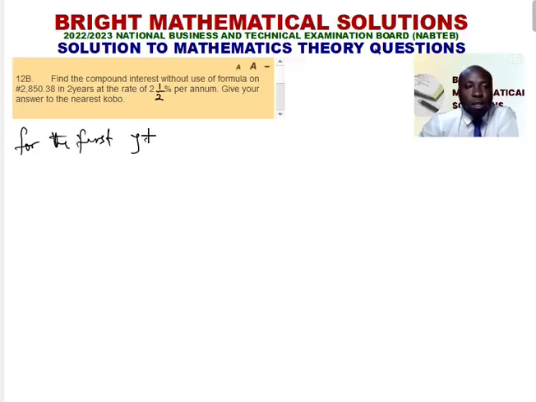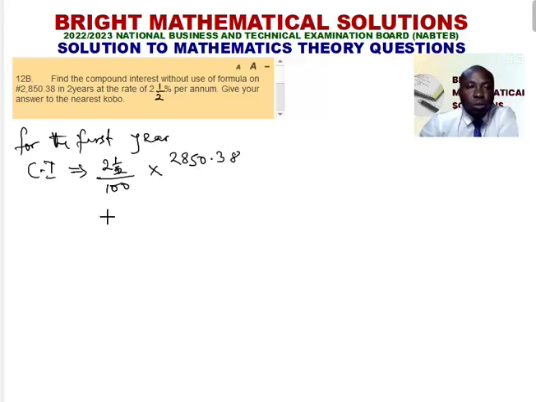Year, since we were asked not to use the formula, for the first year, the C.I. will be calculated as 2.5 over 100 multiplied by 2,850.38.